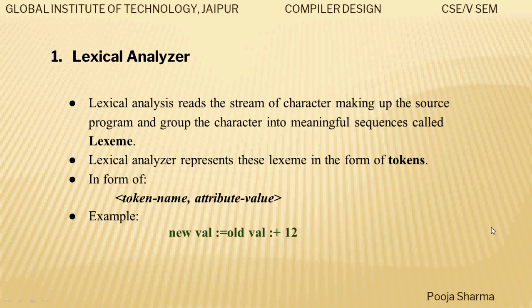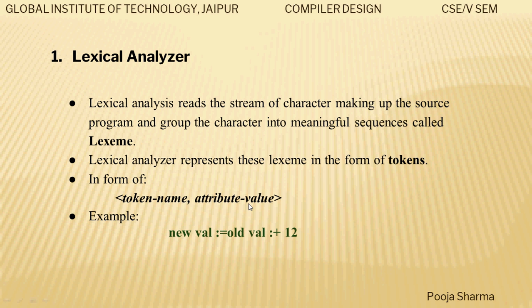Let me show you a simple example. The lexical analyzer output is in the form of token and attribute value. So let me take a simple example of how a program is converted into tokens: newval equals oldval plus 12. Now this statement consists of a group of characters, and it is converted into tokens by the lexical analyzer.